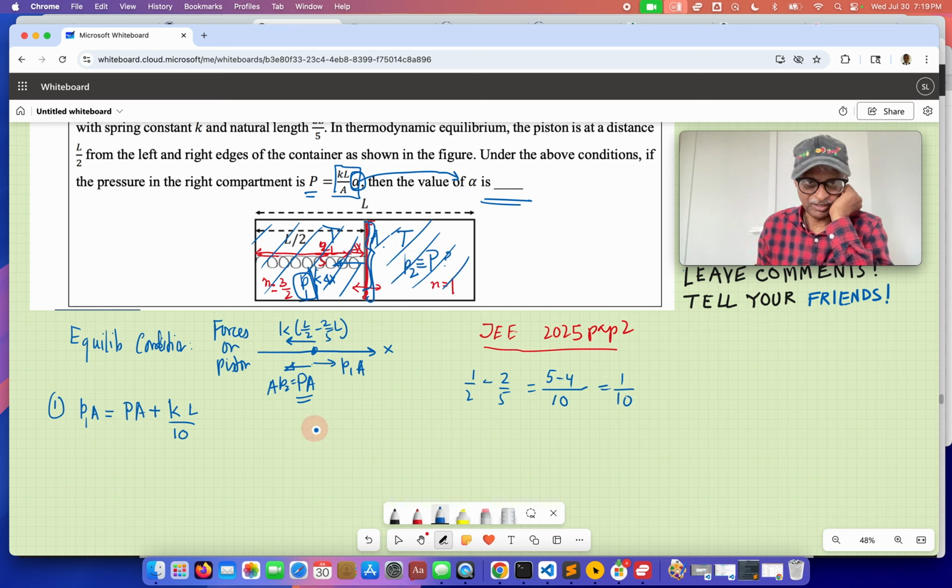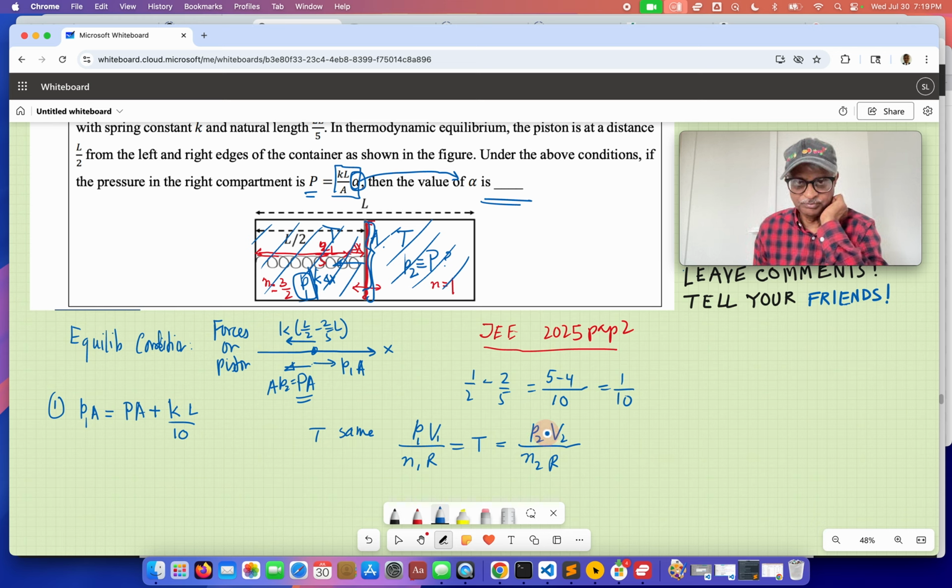So the same temperature means P1 V1 over N1 R equals the temperature equals P2 V2 over N2 R, and of course this is the P for us.